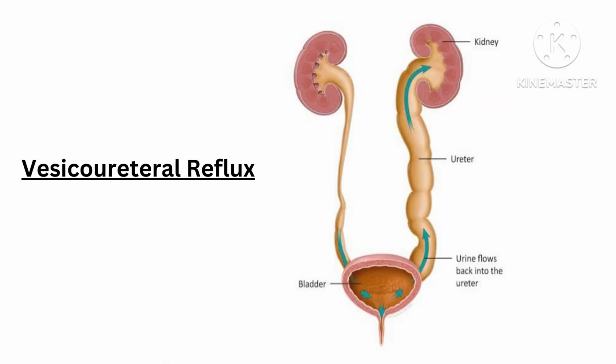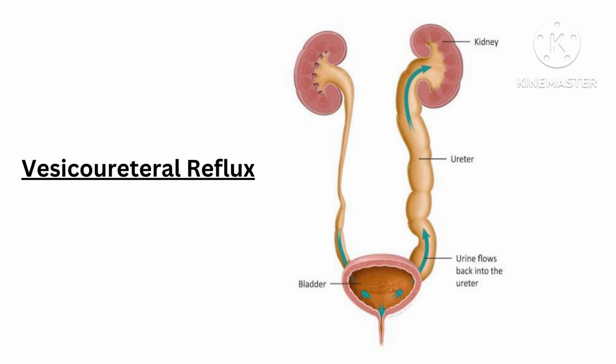Vesicoureteral reflux. Short length or functional incompetence results in the intramural ureter's inability to prevent retrograde urine flow to the kidneys, a condition known as vesicoureteral reflux, VUR. The disorder may arise from early ureteral budding, or in association with ectopic or duplicated ureters during embryonic development.